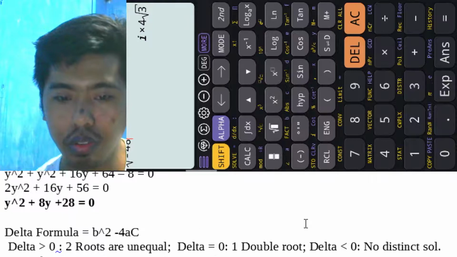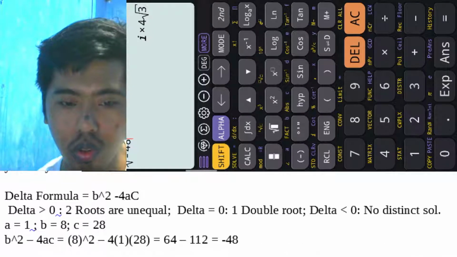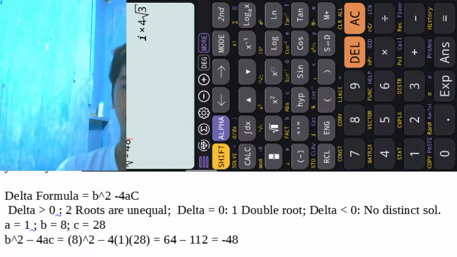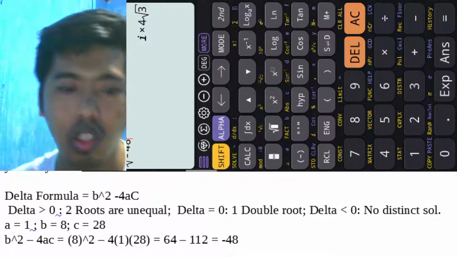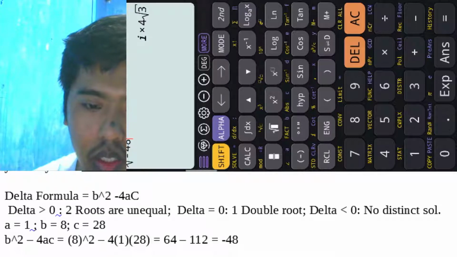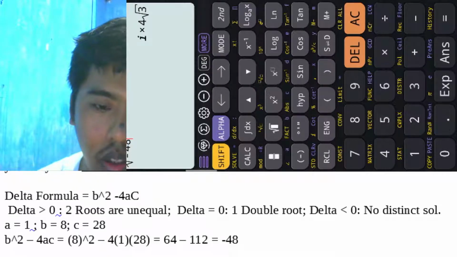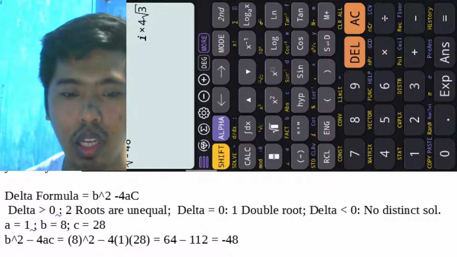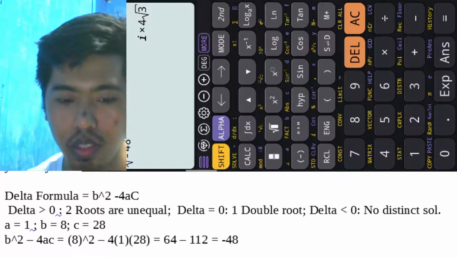Okay, very good. Di ba? Coming from the formula, so it becomes negative 8 plus 4 square root of 3i all over 2. Yeah, since plus man na, let's proceed to the next one.